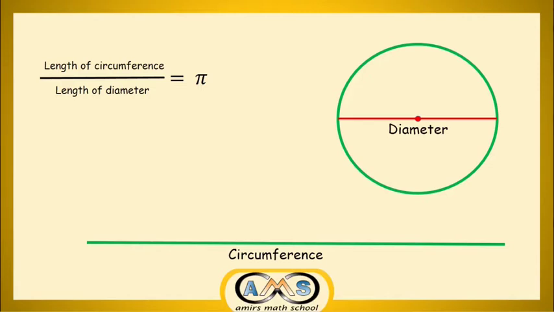The value of pi is non-terminating, non-repeating decimal. This ratio doesn't depend upon the size of this circle. For the smaller circle to the large circle, for any circle, this ratio is always pi. And the value of pi is like 3.14159 and so on. Now let's see the first theorem related to circle.